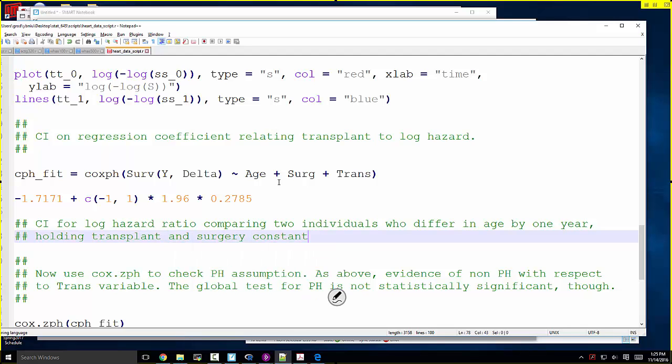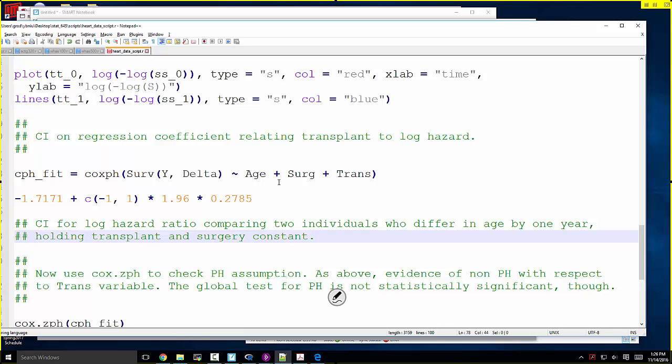So among those with the same transplant status, same prior surgery status, let's compute a confidence interval for the log hazard ratio comparing two individuals who differ in age by 1 year. All that language is just describing the beta coefficient for age. That's the interpretation of the beta coefficient for age: the log hazard ratio comparing two individuals who differ by 1, holding everything else constant.